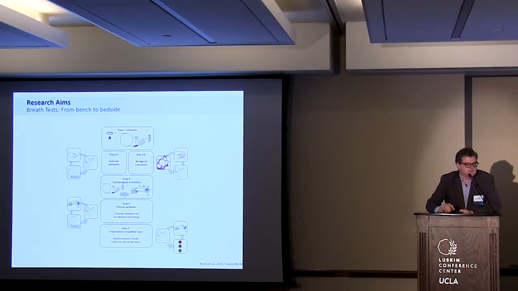Then the technology can be translated: if you find something, you can build specific sensors for it. And then you can take the next steps into clinical validation and then the implementation of the test in the clinic. What we have done in the past is the first steps in these phases, until step 3.